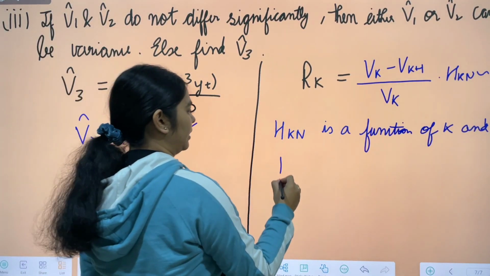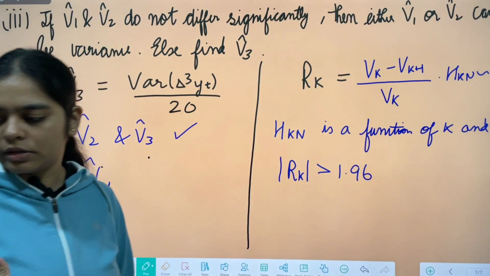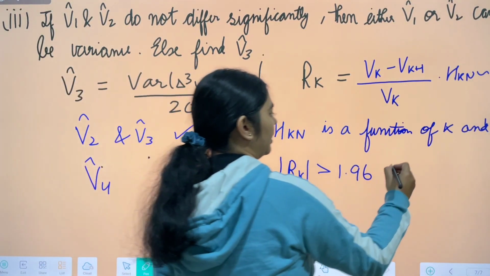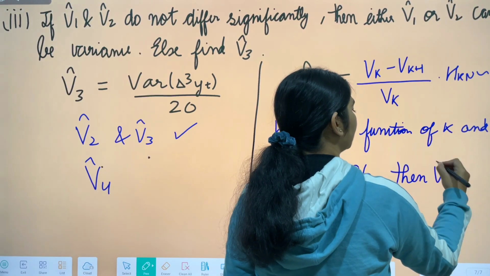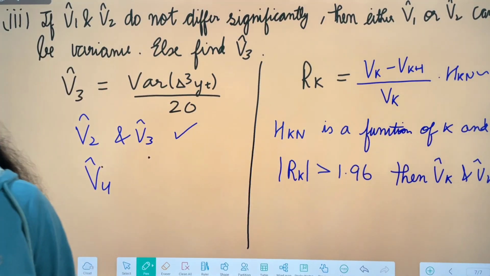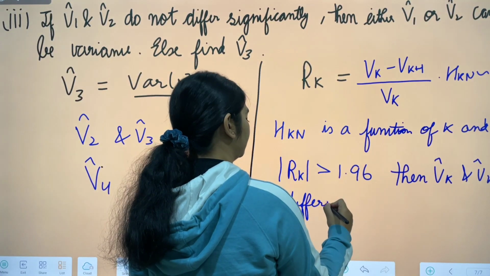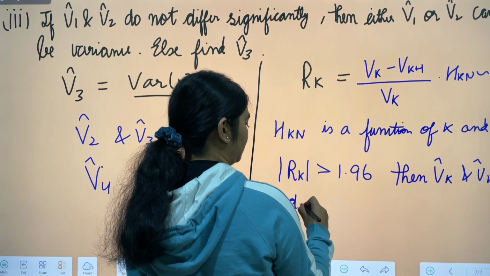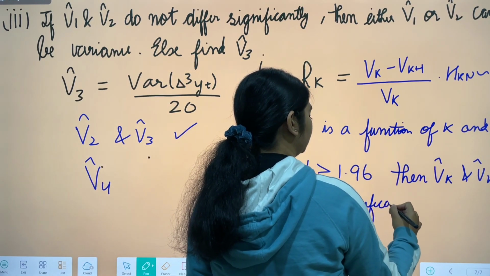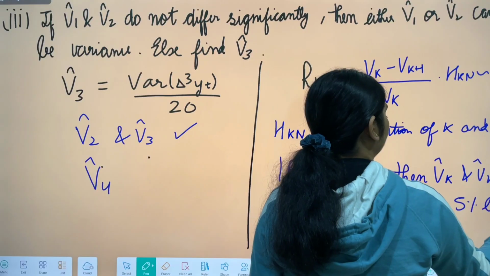So if this r_k is greater than 1.96, then v_k and v_{k+1} differ significantly at 5% level of significance.